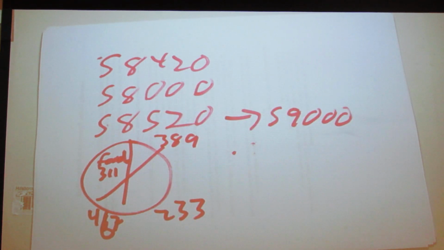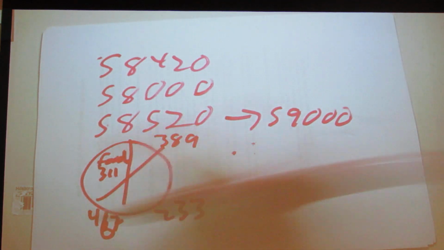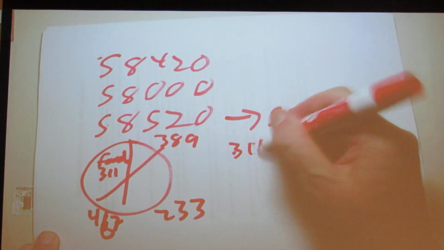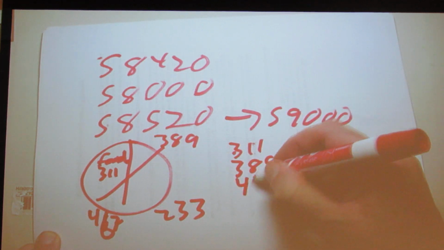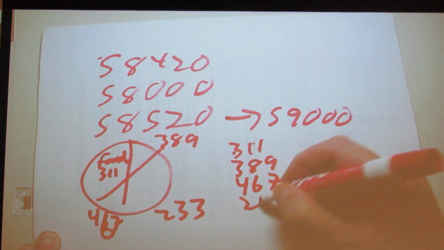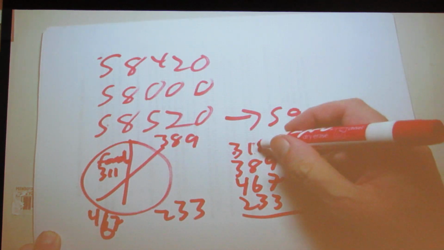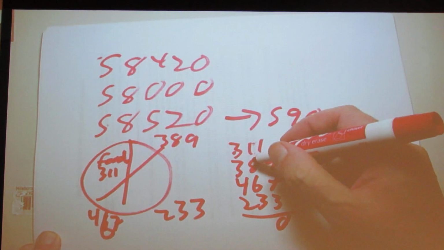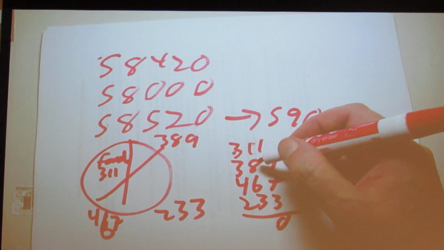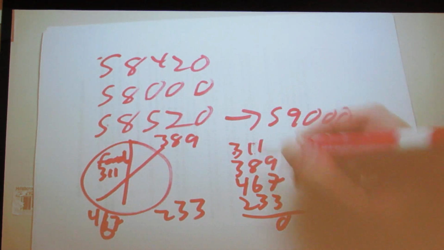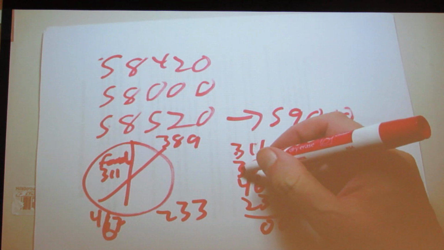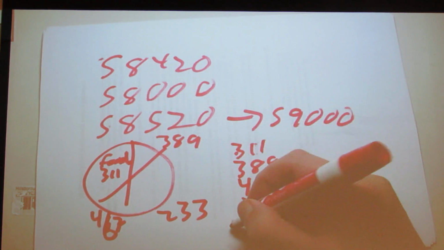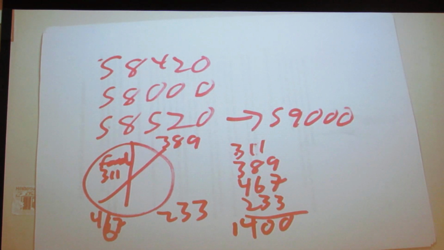And it just asks what the total the person spent. So you just add these up: 311, 389, 467, 233. So that's 10, 20, 10, 19, 20, 6 and 6 is 12, and 2, $1,400 per month.